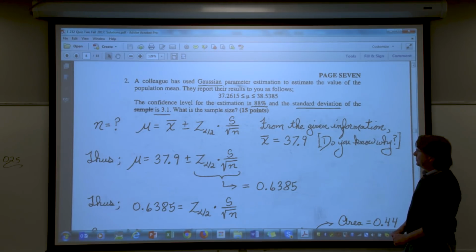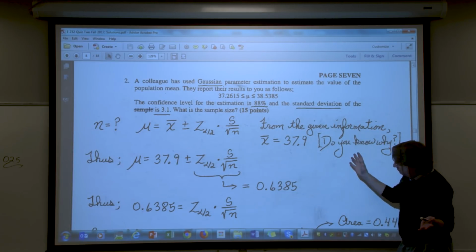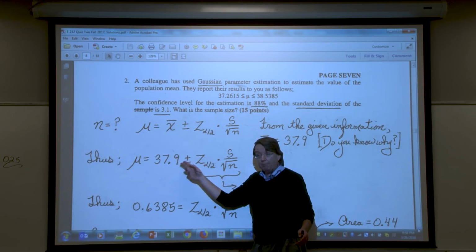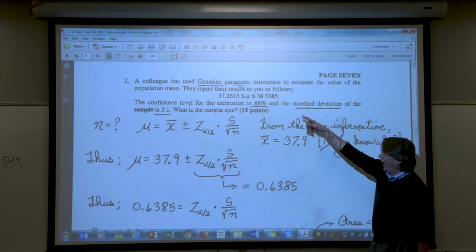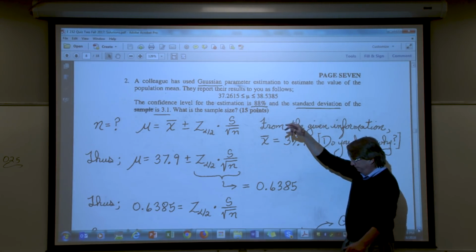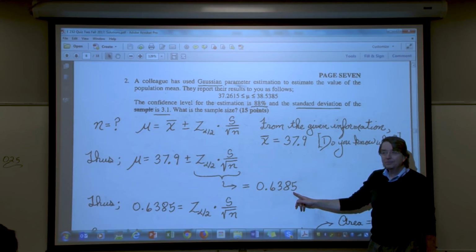Now I get x bar is 37.9. So I can write that mu is 37.9 plus and minus something. I figure out what that is by subtracting, for example, 37.9 from 38.5385. And what do I get? 0.6385.